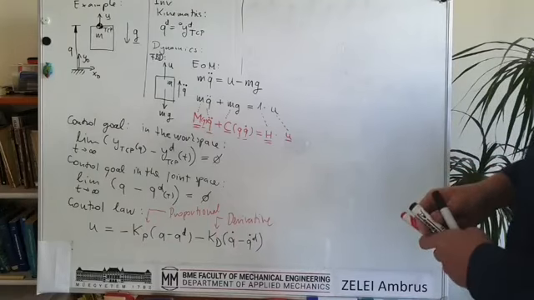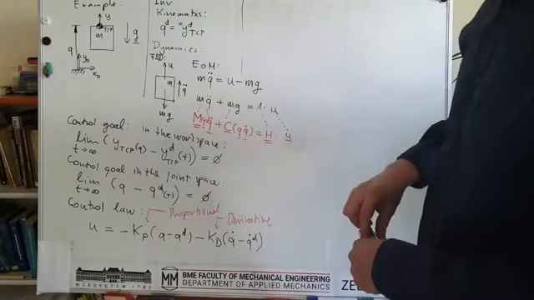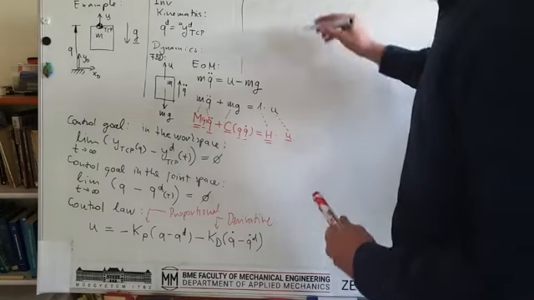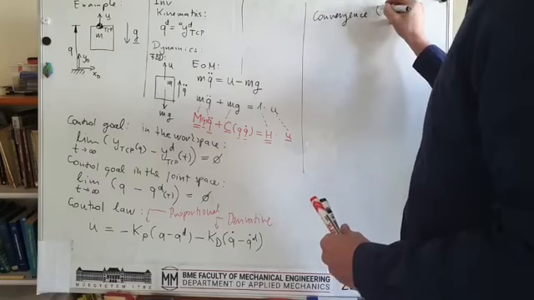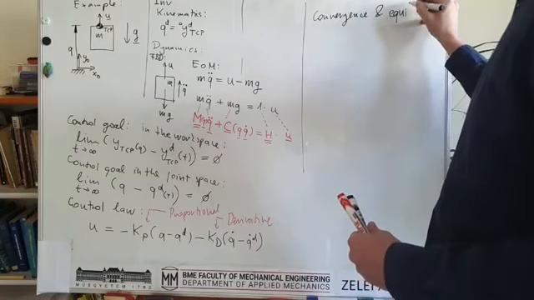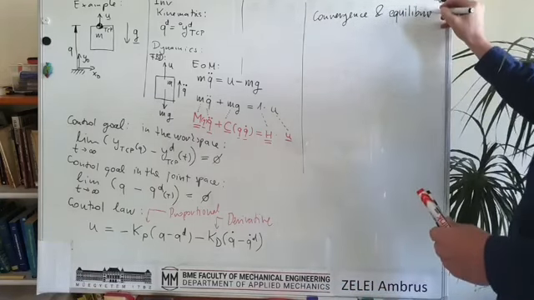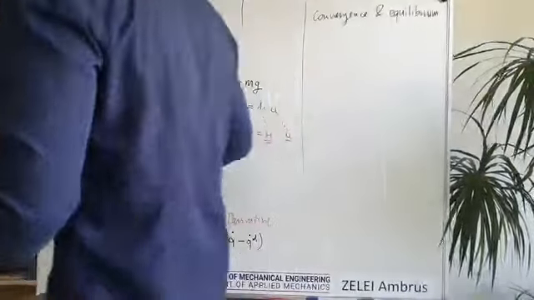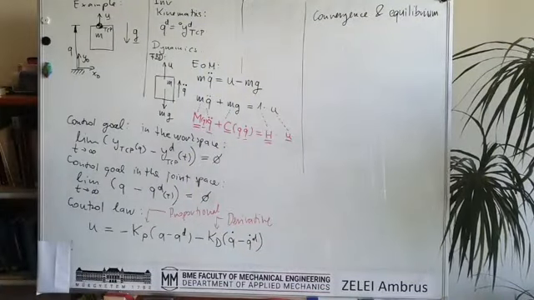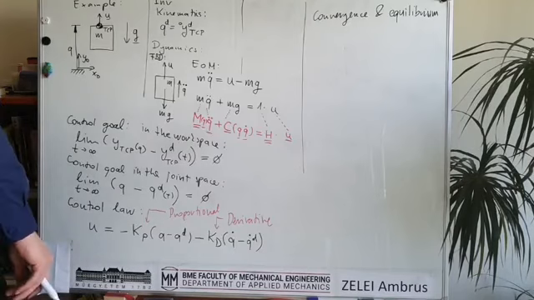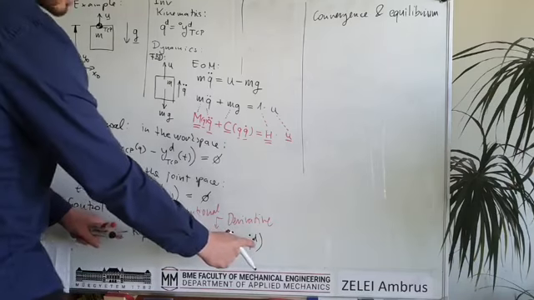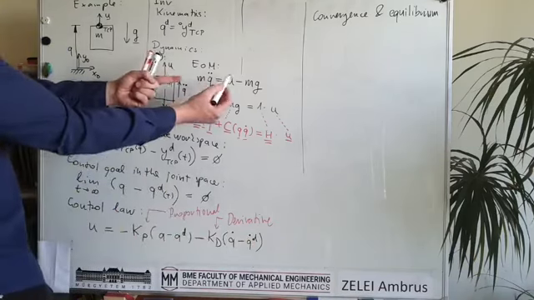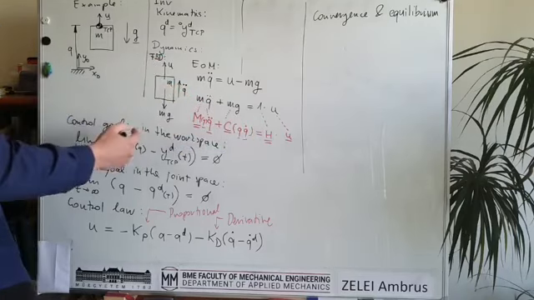Okay, and let's check the convergence and the equilibrium. Let's check if we reach this control goal, if we can drive the error to zero or not. So this control law will be put here into the equation of motion. That's the first step.